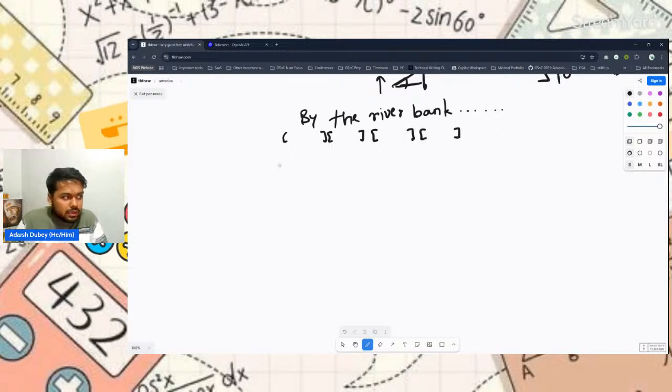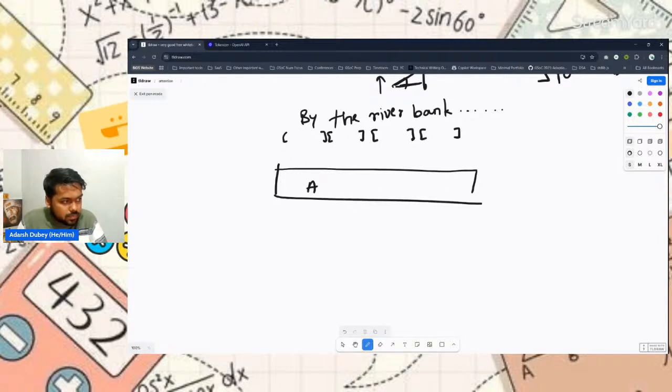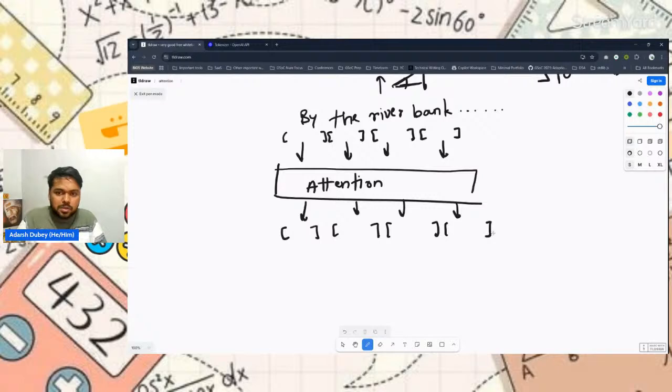Cool. Now this is the attention block. You can think of attention as a layer. This attention layer takes in all the embeddings, and it produces 4 more embeddings. Now, what is special about these new 4 embeddings?